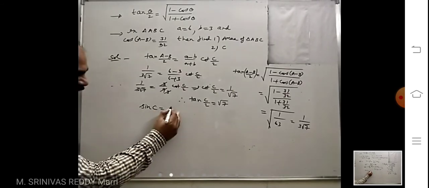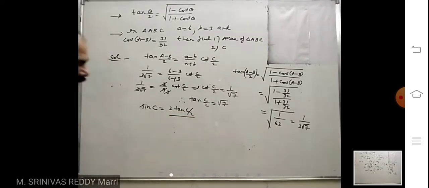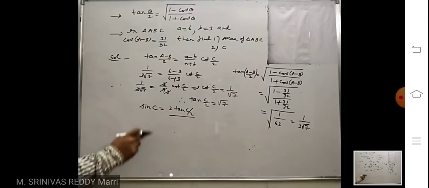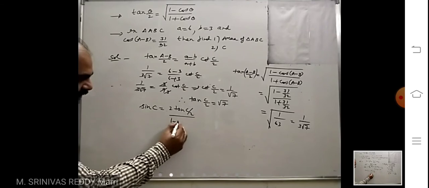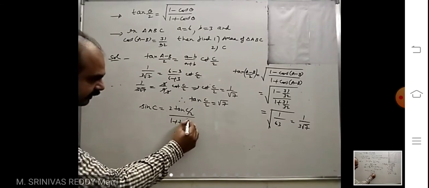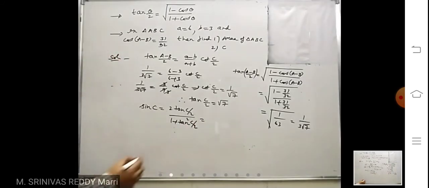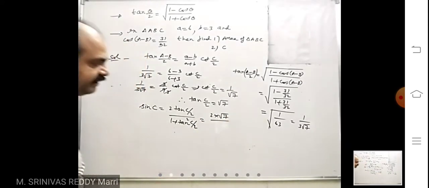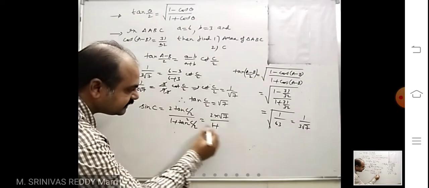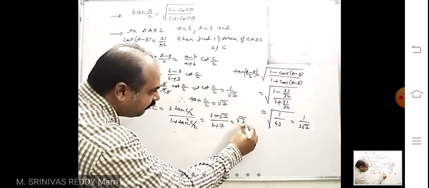Now in terms of half angle, sin C is 2 tan C by 2 divided by 1 plus tan square C by 2. If we substitute, it is 2 into root 7 divided by 1 plus root 7 whole square, so 2 root 7 by 8, which is root 7 by 4.